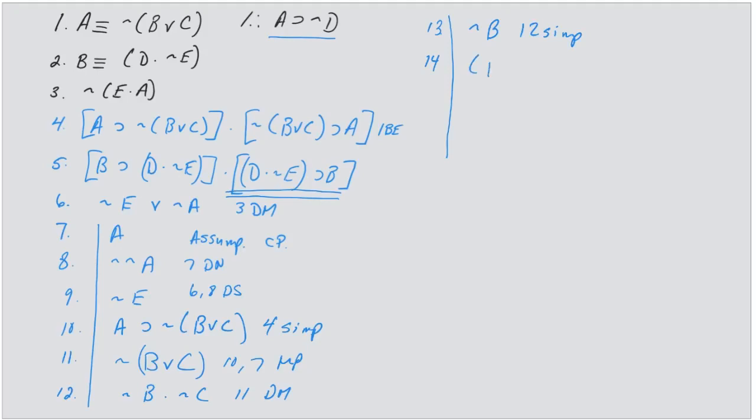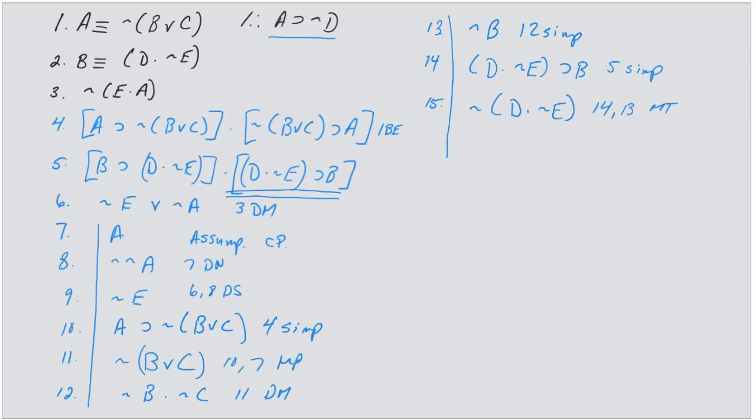So I'm going to go D and not E, therefore B, and that's line 5 simplification. And then again, the reason I wanted to do that was for modus tollens, so I get not the quantity D and not E, and that's going to be from 14 and 13 modus tollens.